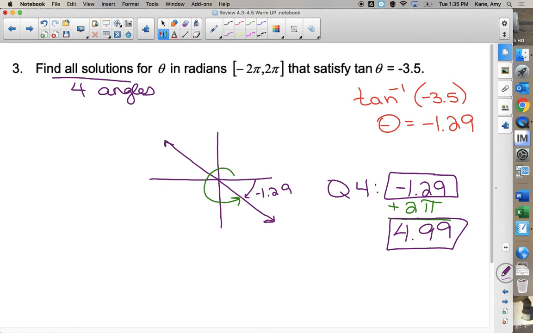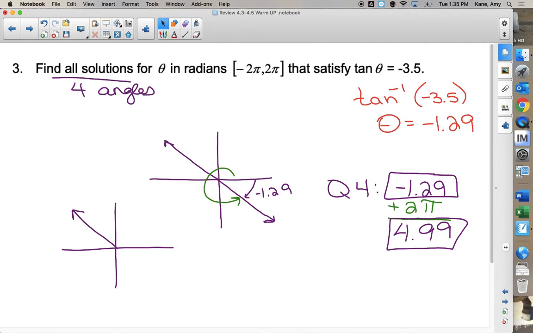So the other side that we need to think about, Connor said it's positive in 2 and 4. So we have the answers to quadrant 4, both positive and negative answers. But we need to get that angle in the second quadrant as well. That negative 1.29 from the calculator, that's your reference angle.